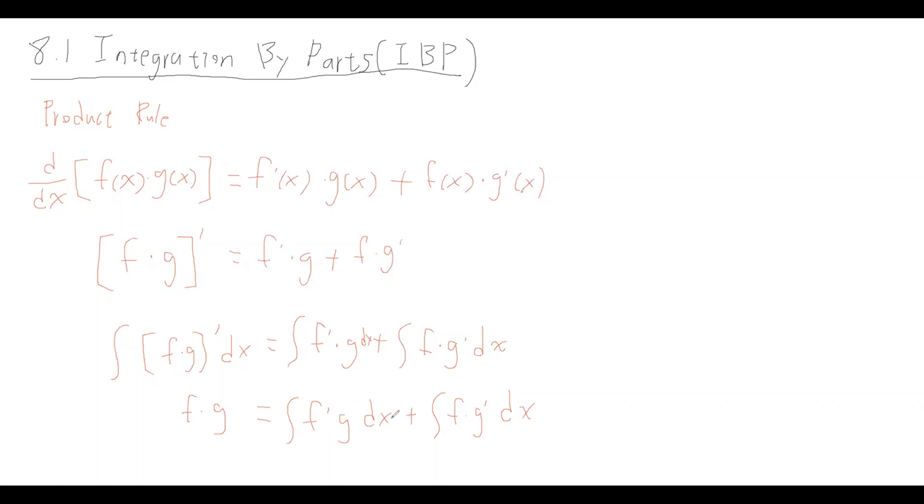I'm going to move the first one over, so we have the integral of f times g prime dx equal to fg minus the integral of f prime times g dx. And that is essentially how you get integration by parts from the product rule.